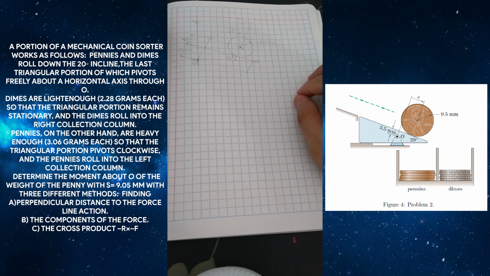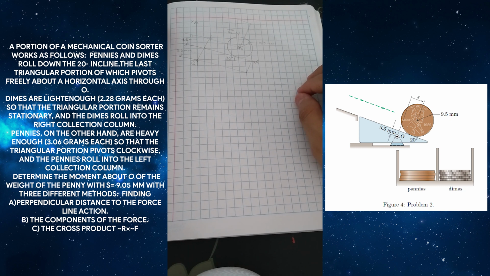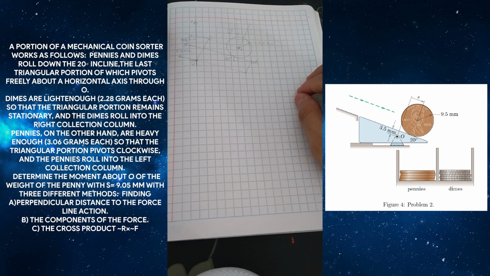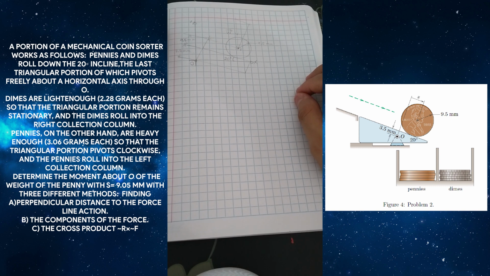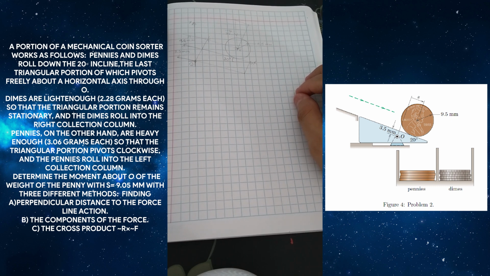Pennies and dimes roll down the 20 degrees incline, the last triangular portion of which pivots freely about the horizontal axis through the point O. Dimes are light enough, 2.28 grams each, so that the triangular portion remains stationary and the dimes roll into the right collection column.